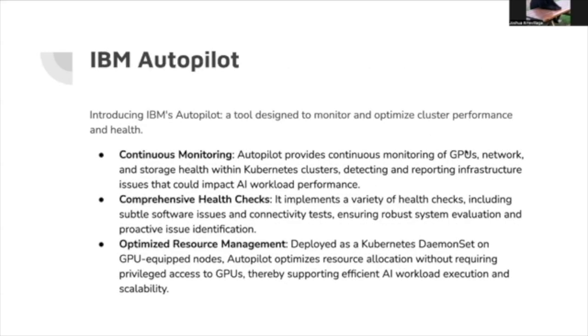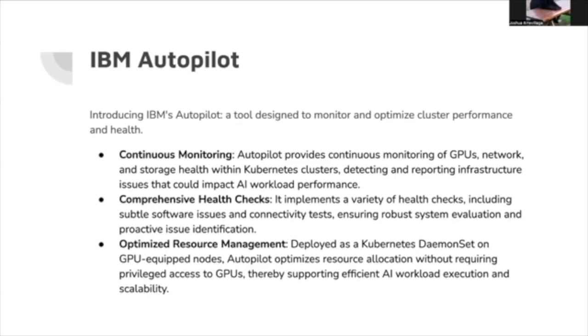Introducing IBM's Autopilot, we are essentially just building a UI on top of what the IBM engineers have already built. Autopilot is supposed to provide continuous monitoring for GPUs, networking, and storage health within Kubernetes clusters.